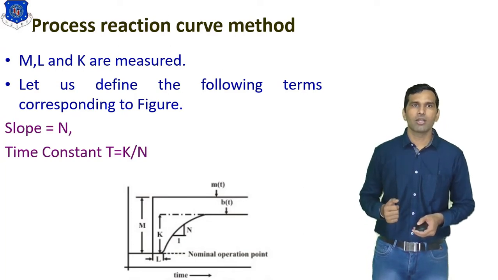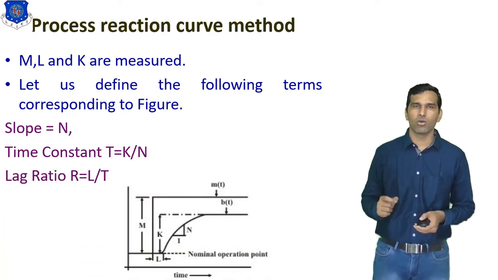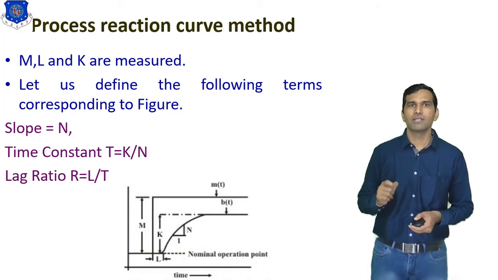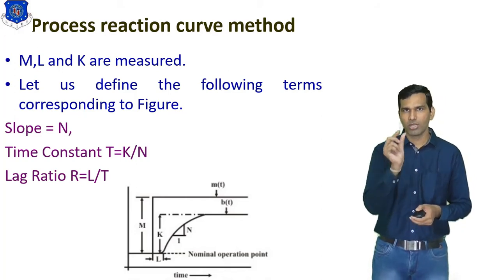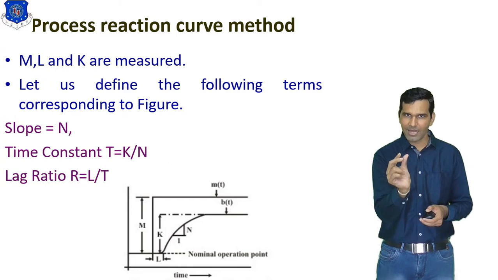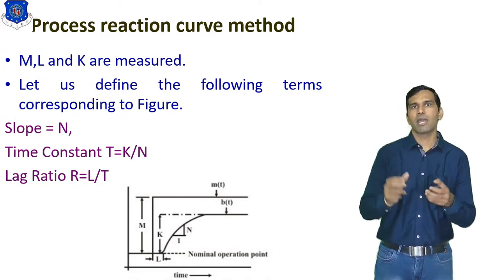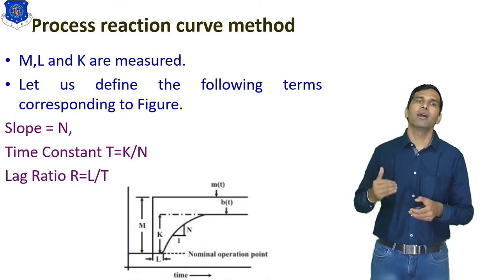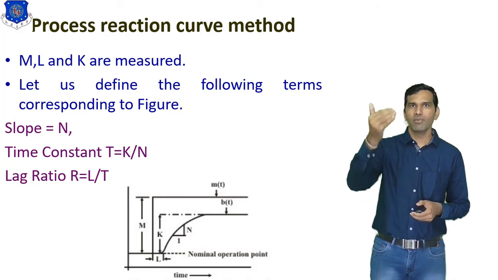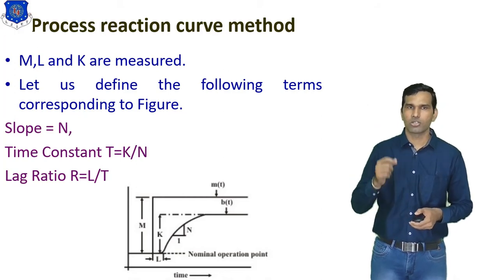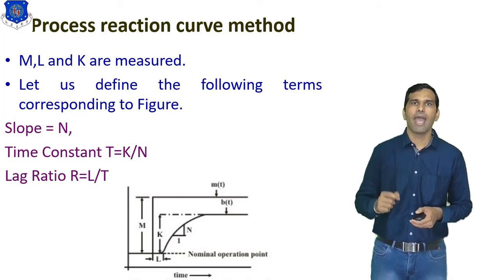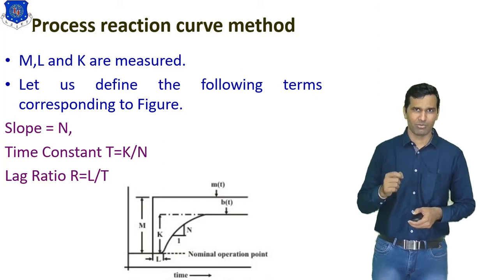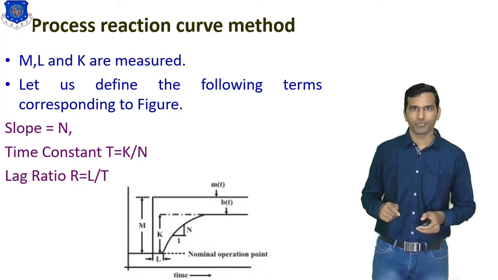And then we define the lag ratio R by R = L/T. Here we have the values of L and T, the time constant, so we can find the lag ratio. So we define these terms, that is slope, time constant and lag ratio, by plotting the graph.